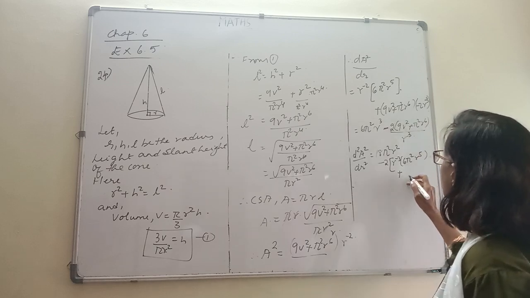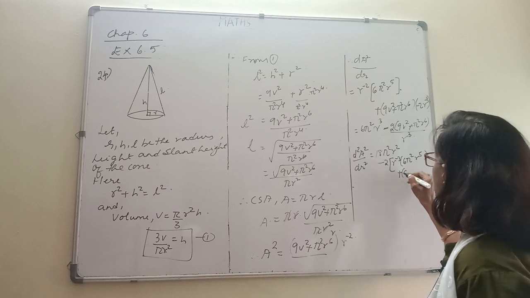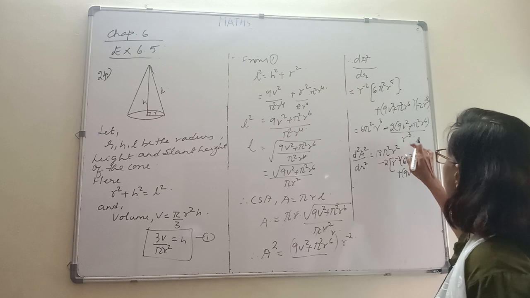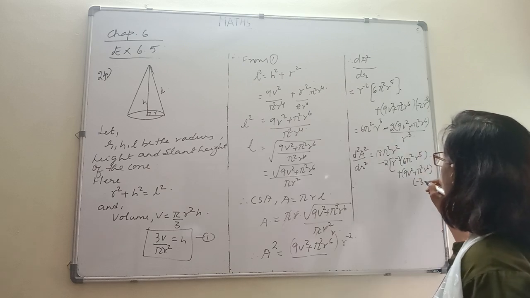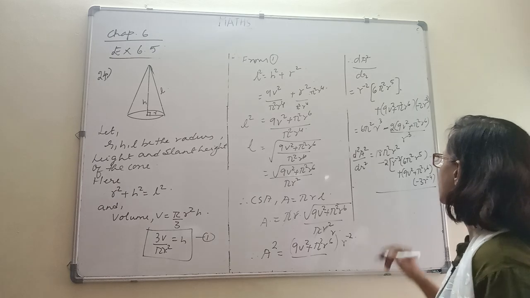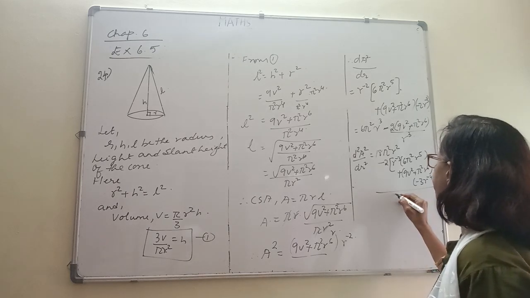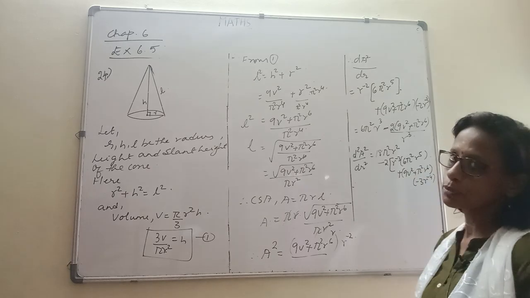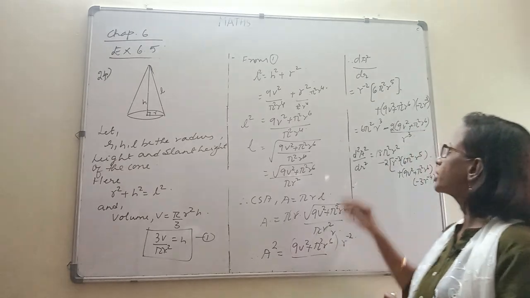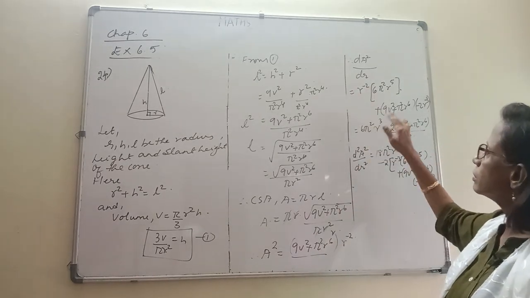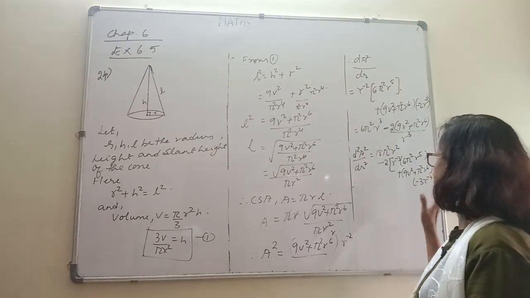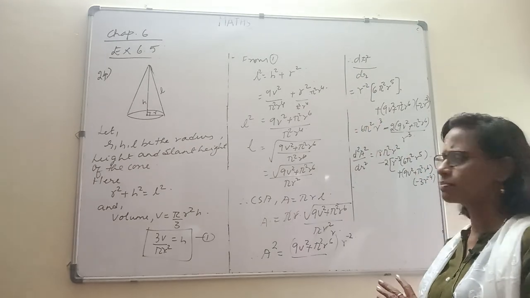And now we are going to write this term as it is, 9b squared plus pi squared r raised to 6, and you're going to take the derivative of r raised to minus 3, that is minus 3 r raised to minus 4, only for this. That's it. We have taken it as a product. So you have taken the square and you have got the derivative over r, that's the first derivative, and this is the second derivative which has come there. Let it be there, we'll simplify it later.